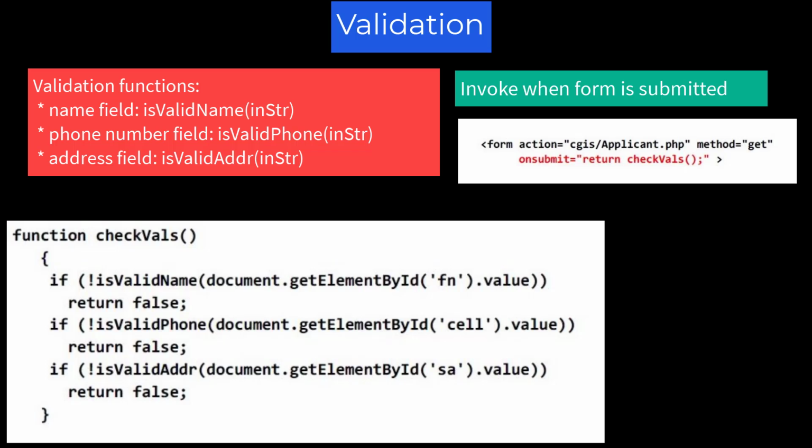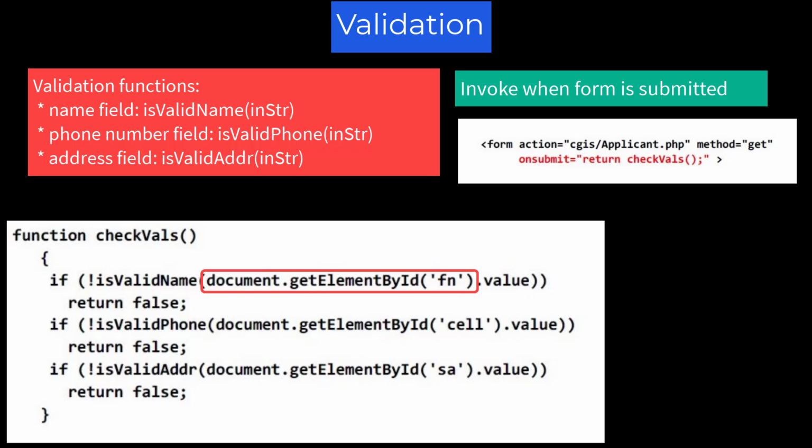Now let's walk through that checkVals routine a little. First, you want to test the contents of the name field. So you get to the name field using document.getElementById("fn"), because fn was the ID for the full name input element.